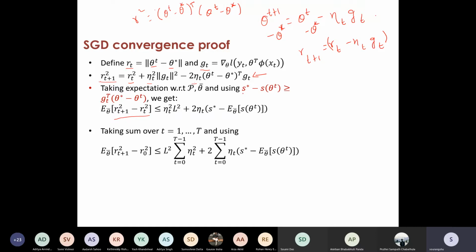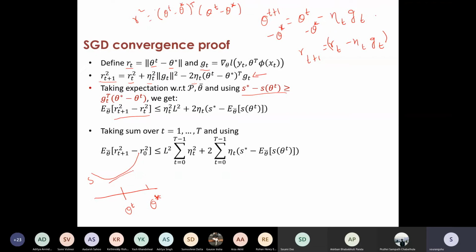We utilize again the convexity of S. Suppose this is your theta t and this is your theta star, and this is your function S.